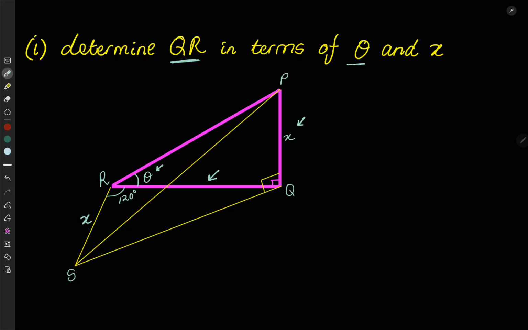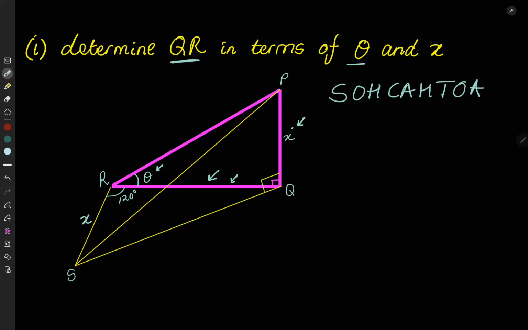That's why we highlighted triangle QRP. So to do that, you want to calculate RQ, and you have got x, and that is a right-angled triangle. Every time you've got a right-angled triangle, don't forget to use your SOHCAHTOA. Always use SOHCAHTOA in a right-angled triangle, nothing else. Don't use the cosine rule, don't use the sine rule.